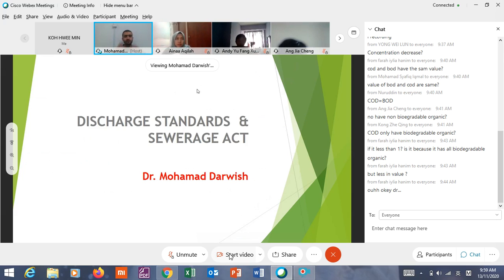For example, if we want to discharge the wastewater after treatment to the river, how much the BOD has to be at maximum, how much the COD, how much suspended solids. Those are the pollutant parameters. For each parameter, we have to reduce it to a certain level before discharging to the sea, the river, the lake, or wherever we want to discharge.